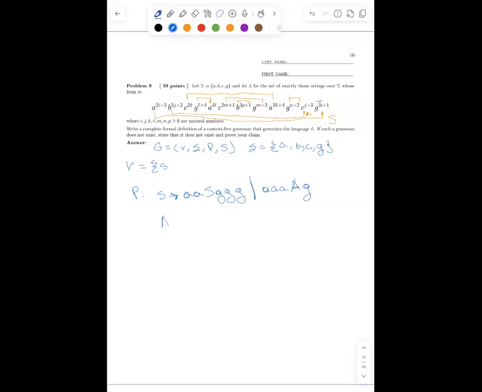So moving on to A, I see that that's a power of 3 and that's a power of 1. So I have 3 B's. I can either have more, so that's why I'm going to A again, and 1 C, or I can get 2 B's.